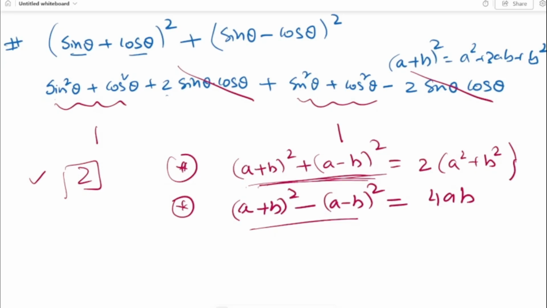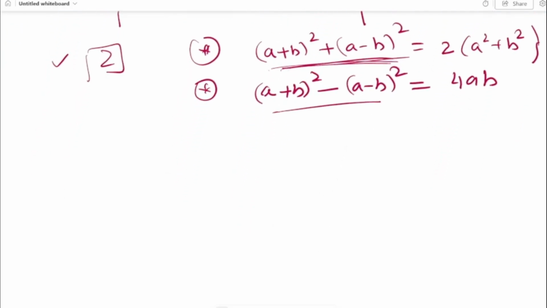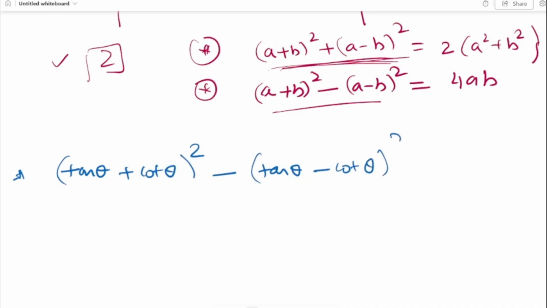Here I give one more problem: (tan theta plus cot theta) whole square minus (tan theta minus cot theta) whole square. So what we're doing here is (a plus b) whole square minus (a minus b) whole square, which is basically 4ab.